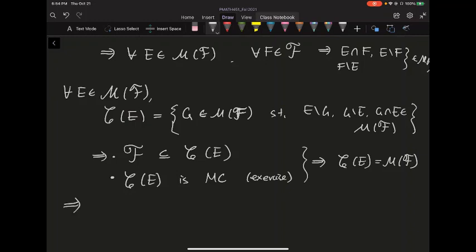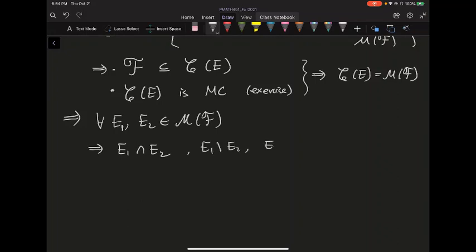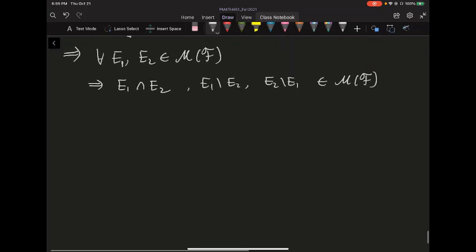So the end result, after all these technical lemmas, is that for every E1 and E2 inside M of F, we have that E1 intersect E2, E1 take away E2, and E2 take away E1 are also inside M of F. Just because of this, you can now see that M of F is going to be an algebra.